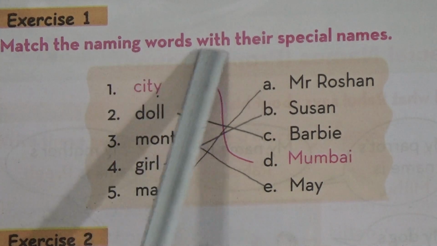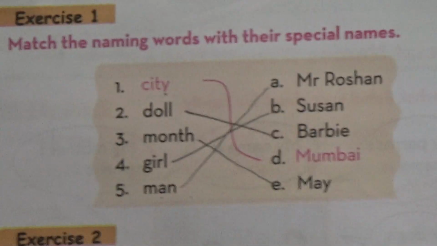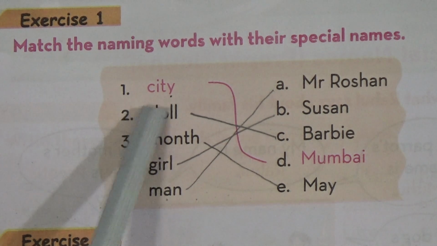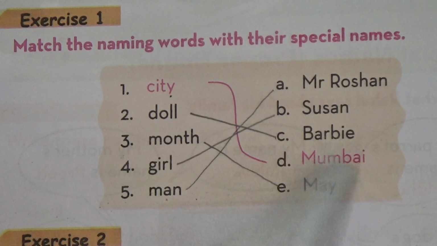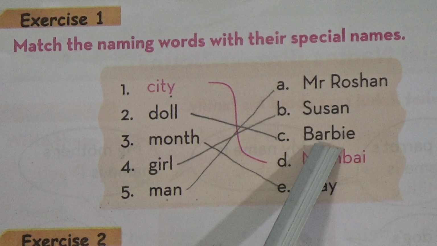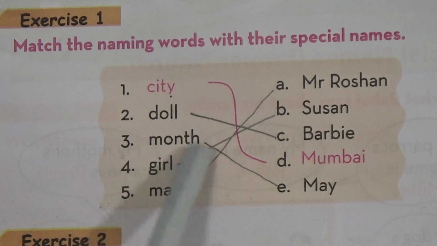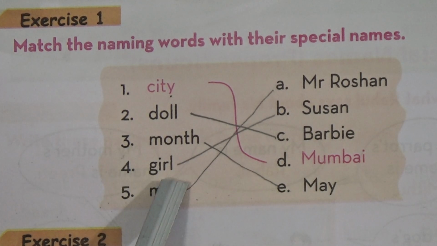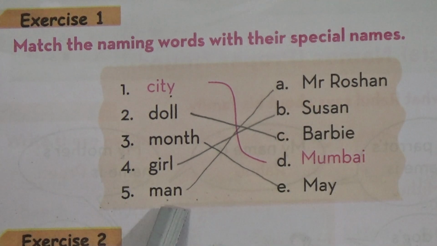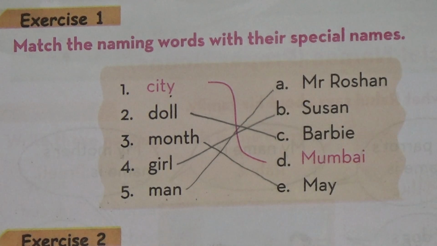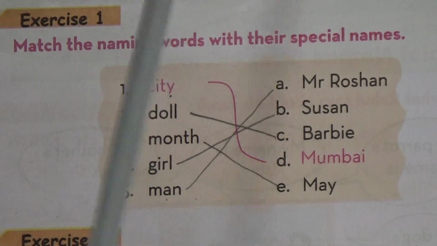Match the naming words with their special names. Number 1, city will match with Mumbai, doll will match with Barbie, month matches with May, girl matches with Sushan, man matches with Dr. Roshan. Dear students, matching doesn't matter, but it is quite difficult for you to know how to write it. Imagine that it's exercise 1, so you will write it like this.